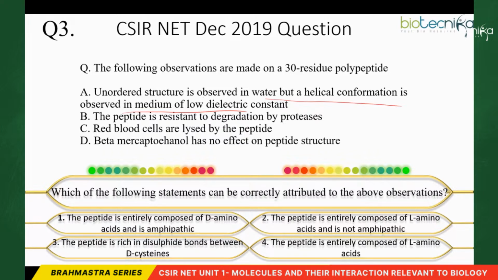You don't have to tell which is correct or incorrect here; all these are correct. The peptide is resistant to degradation by protease. Red blood cells are lysed by the 30 residue peptide. And beta mercaptoethanol has no effect on peptide structure. So, based on these observations, you have to tell which of these options is correct.